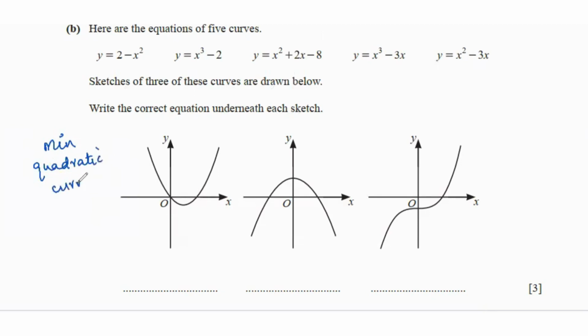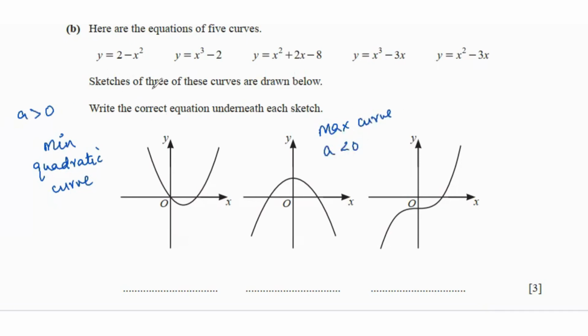Now, what is a minimum quadratic curve? A minimum quadratic curve would have the x squared value as a positive value. Basically, your a value would be greater than 0. For a maximum curve, which is this one, your a value would be less than 0.